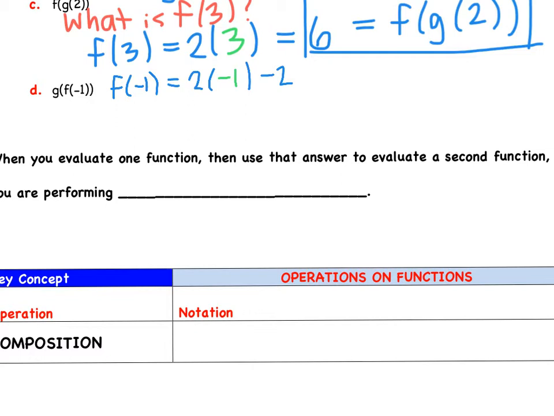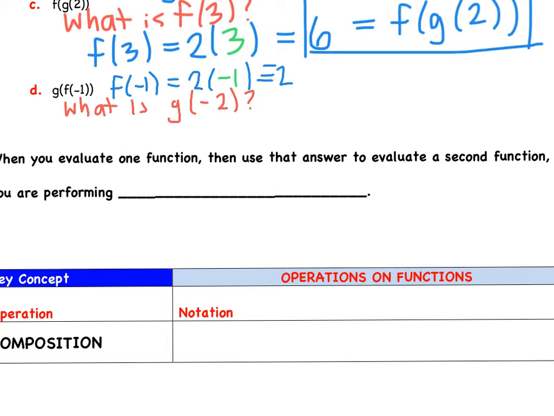So I'm looking at g of f of negative 1. I found that f of negative 1 equals negative 2. So I'm going to ask myself, what is g of negative 2?